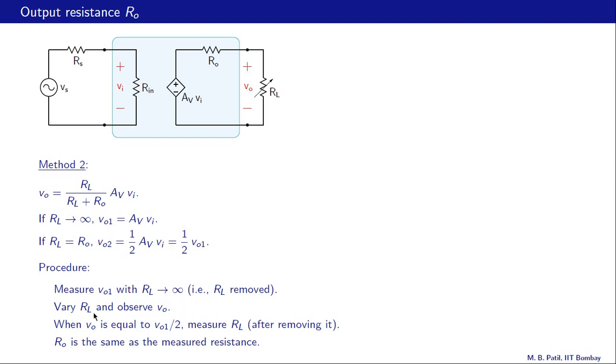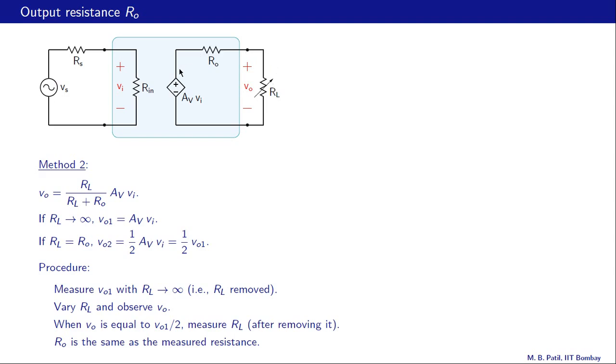Now put the resistance back, put a pot over there and vary the load resistance, and measure VO. And when VO becomes equal to VO1 by 2, we measure that particular value of RL. And we have to actually remove RL from the circuit and then measure it.